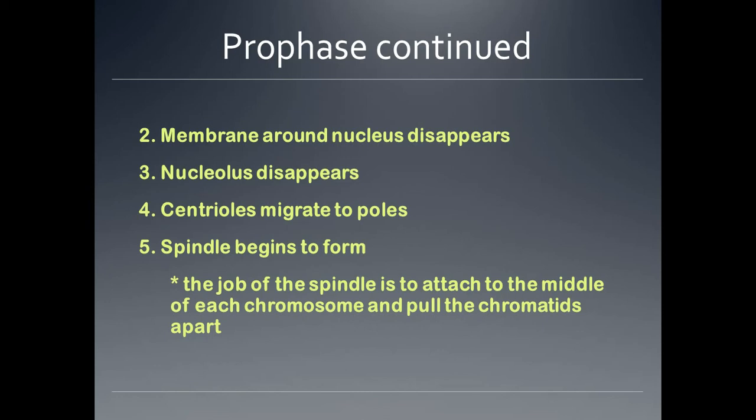So in the right half cell and the left half cell, if you think about them like that, need to have the same information that the original cell had. So each chromosome has a partner, and that partner has the same information on it.